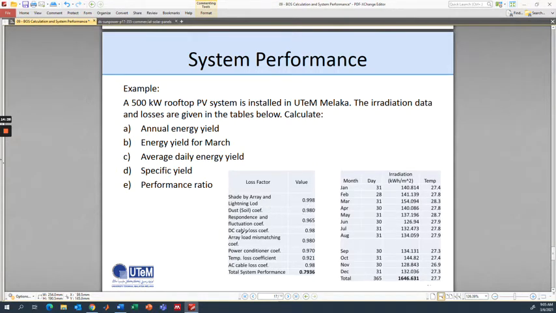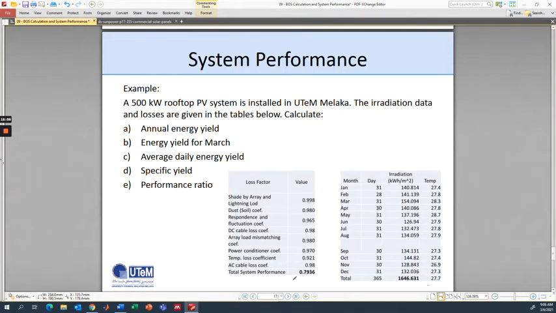Then the fluctuation coefficient, and then we have the DC cable loss coefficient. So cable loss is 2%, we have 0.98. Array load mismatch coefficient, module mismatch KMM, and then power conditional coefficient 0.97, temperature loss coefficient, and then AC cable loss 0.98 as well.